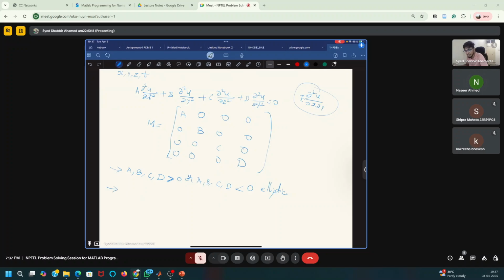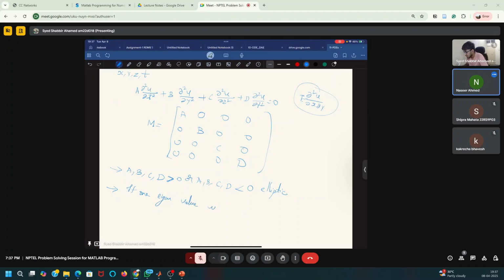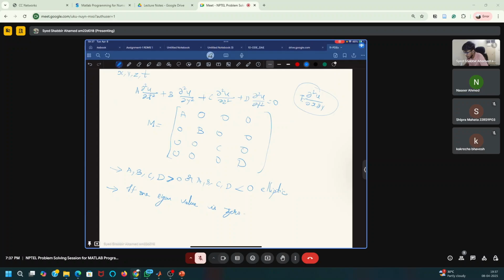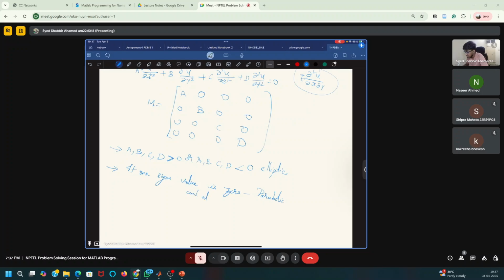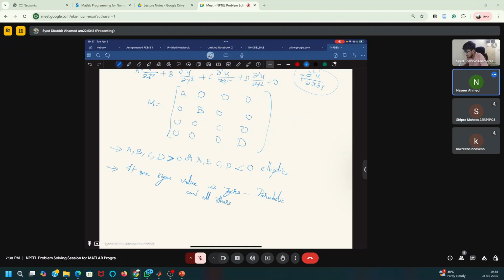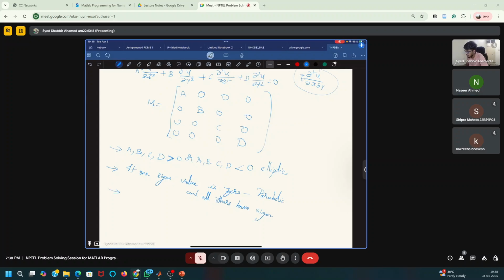And if one eigenvalue is zero, then that is a parabolic system. If any one eigenvalue is zero, then that is a parabolic system. If one is zero and all others have the same sign, then we have a parabolic one.